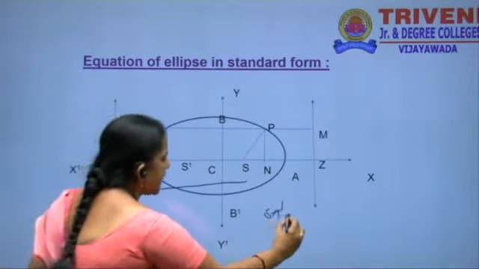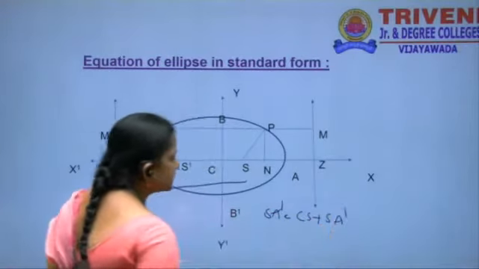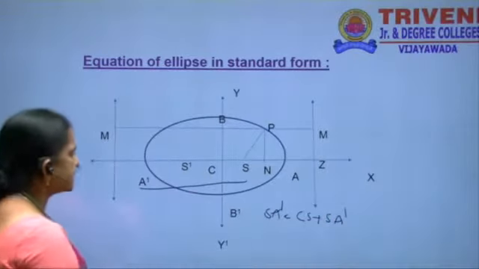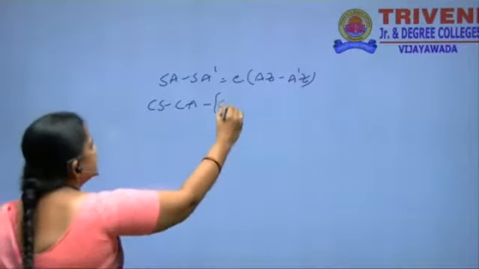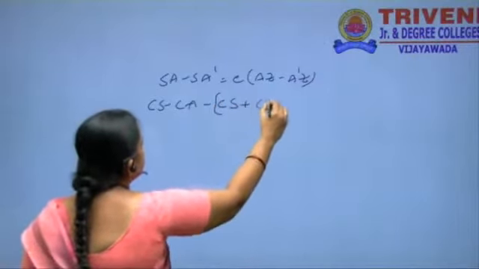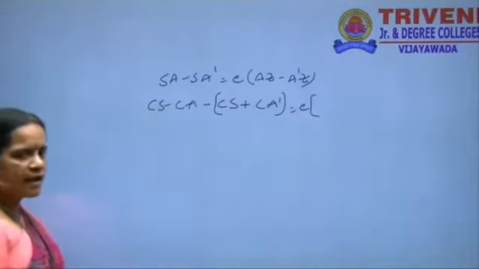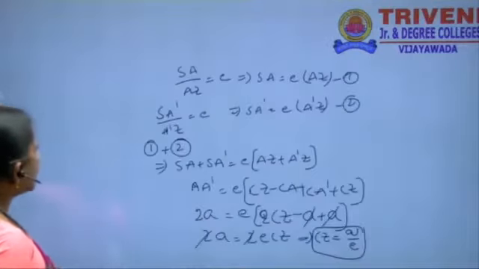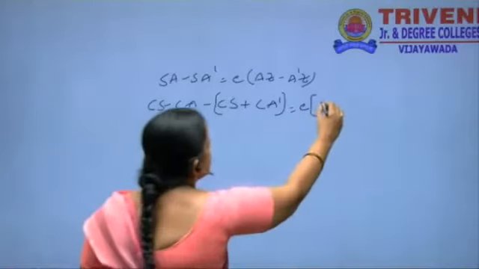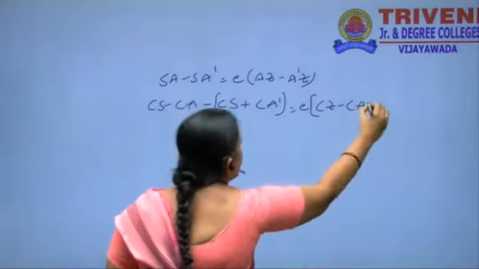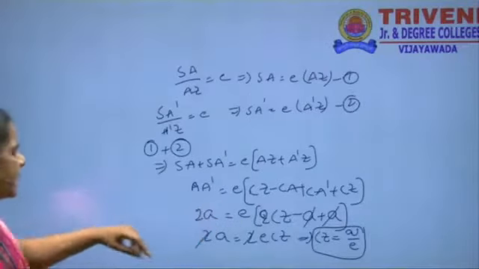We have to write here CS plus CA dash is equal to E into, already we know the value of AZ, we have AZ is CZ minus CA, CZ minus CA minus of A dash Z. A dash Z is also CA dash plus CZ.